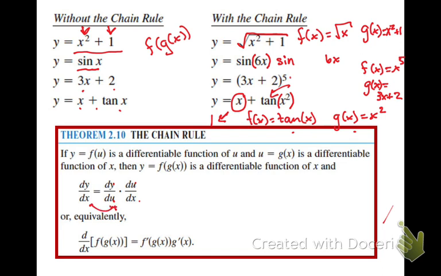Now, that might not mean anything to you right now, but hopefully down at the bottom does. So the derivative of f of g of x, composite, is the derivative of f with g in it times the derivative of g. This is what I will write.